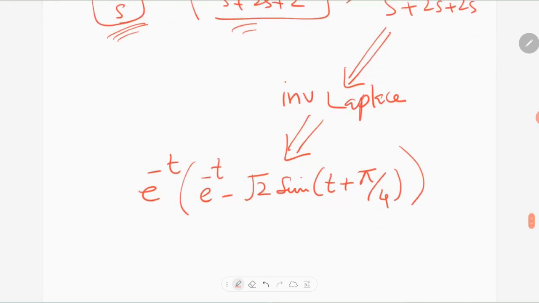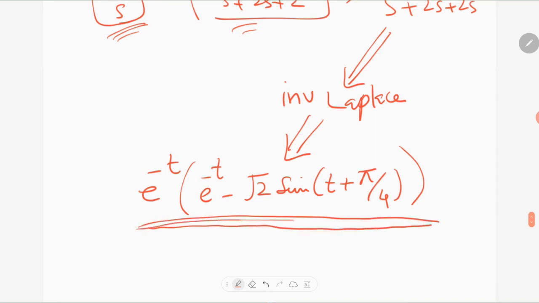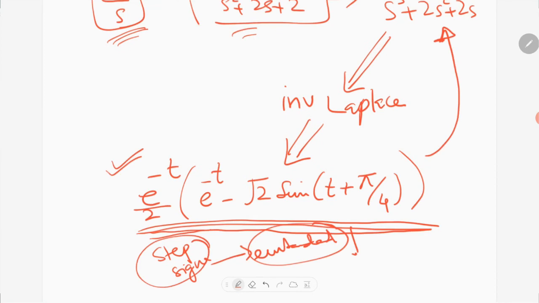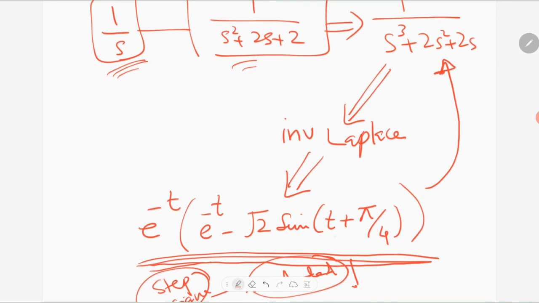But in the time domain, it's a quite complex looking signal, and this signal has the information of the step embedded. So that's a big thing, right? And so the way the Laplace transform makes complex looking signals very easy, like in this form, right? So if you take the Laplace transform of this, you will end up getting this equation. If you take the inverse Laplace of this, you will end up getting this equation, right?